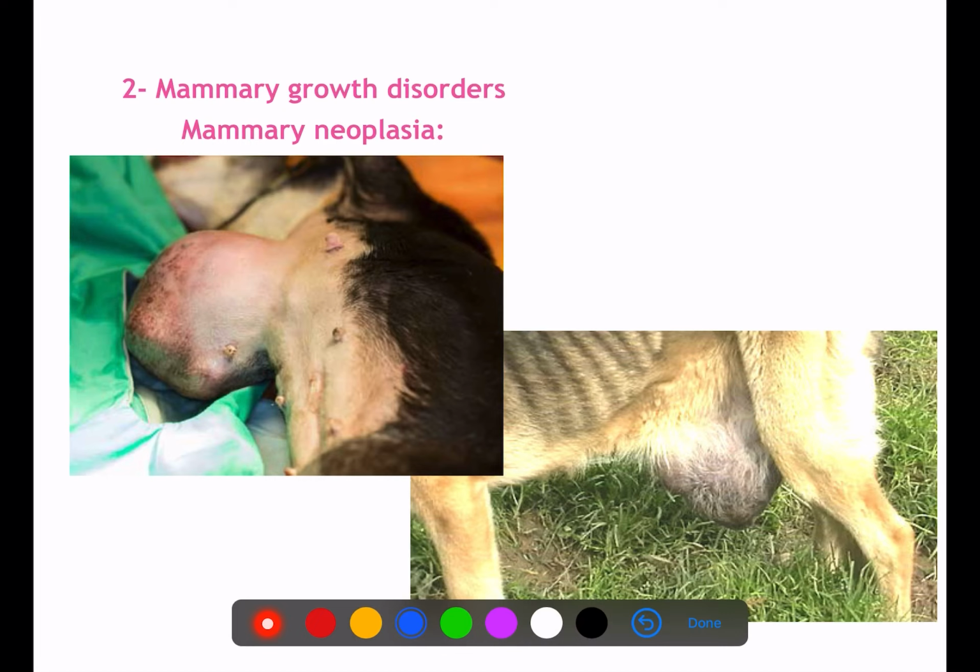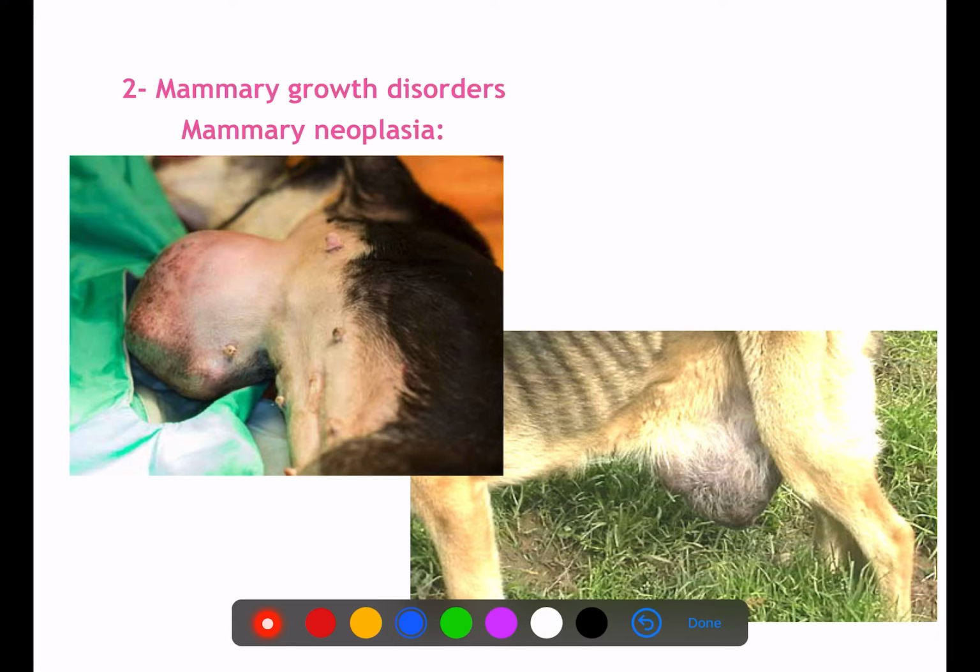Neoplasia is very common within the mammary gland, especially in dogs and cats. Mammary gland neoplasia in cats is usually about 19% malignant. In dogs, 18% are benign.